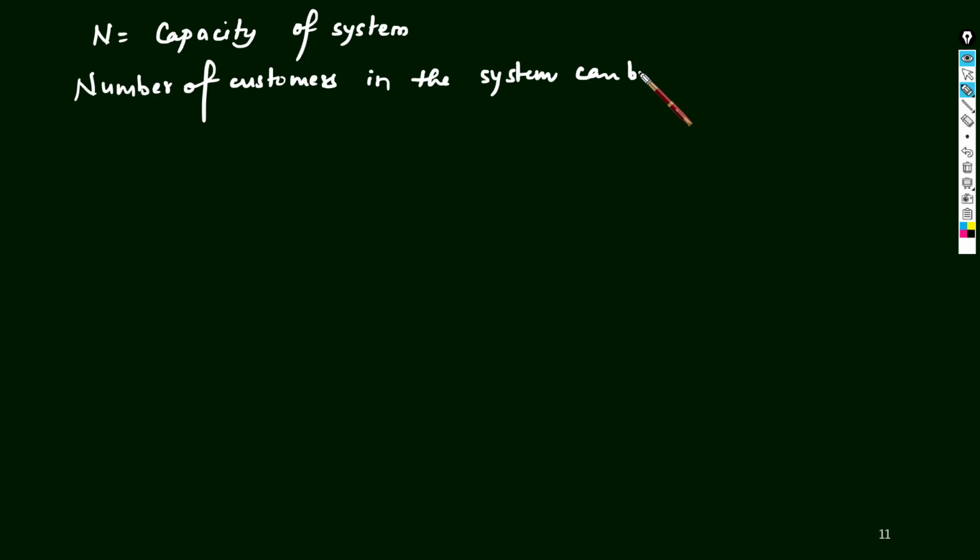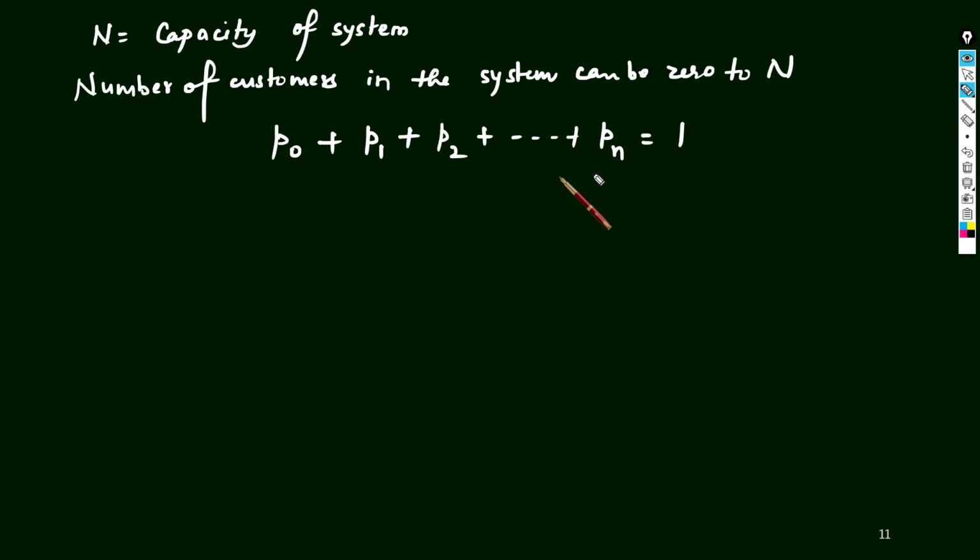So that means probability of 0, probability of 1 customer, probability of 2 customers, like that, up to probability of n customers, the sum is 1. Now here this n is not infinite, that is fixed n. Because there can never be more than n customers in the system, the sum of all the probabilities will be 1.